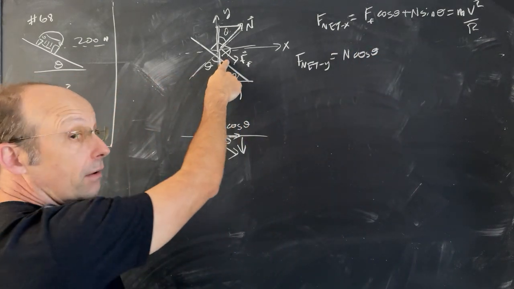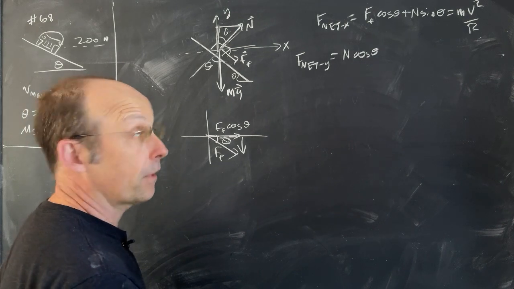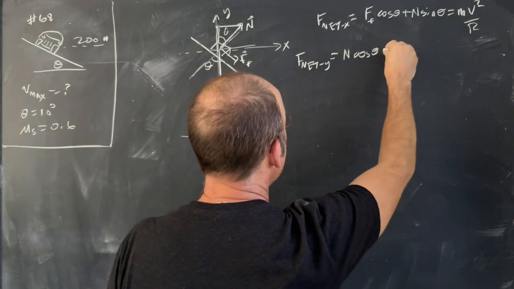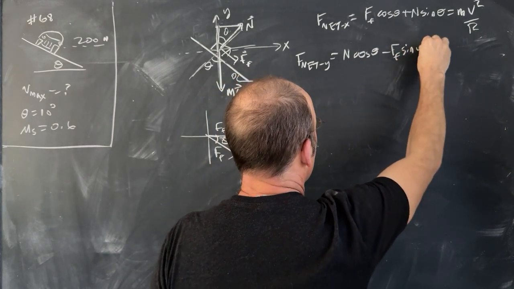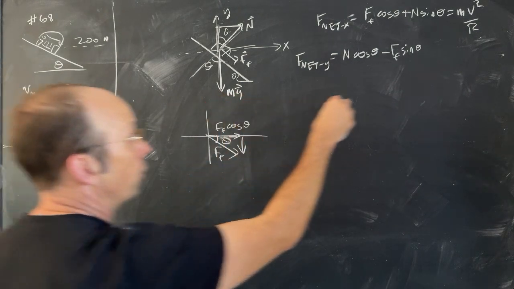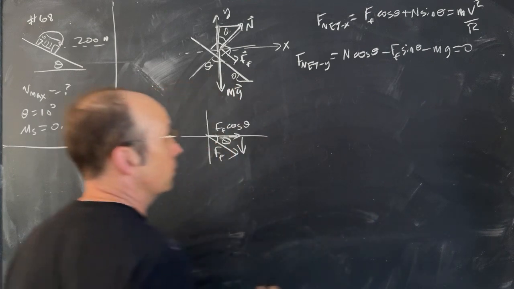And then I have part of the friction force. You think friction doesn't act in the y direction. It does here. Okay, so part of the friction force is in the y direction. That's going to be minus F friction sine theta. And then I have the gravitational force minus mg. And that's equal to 0.